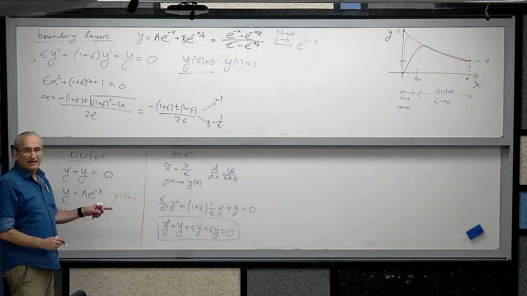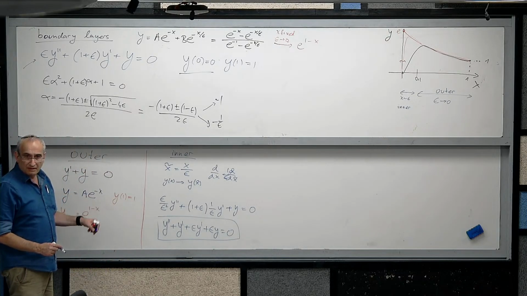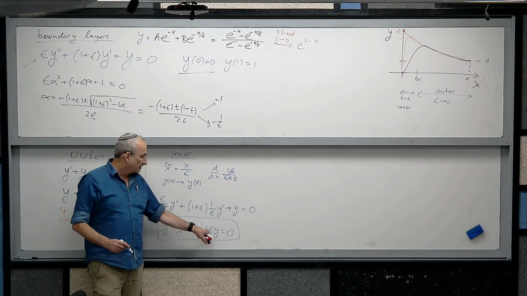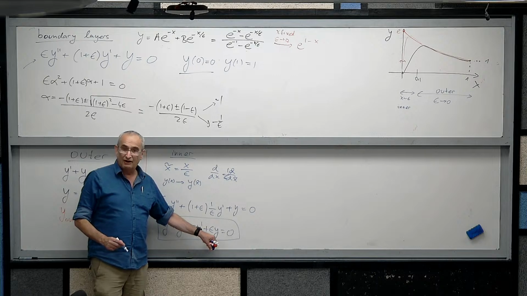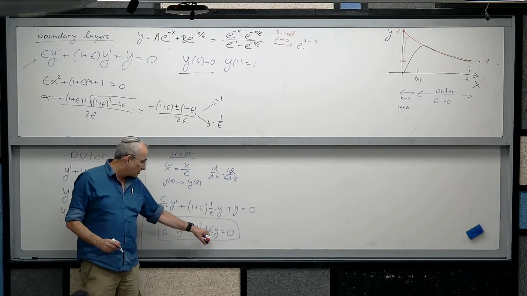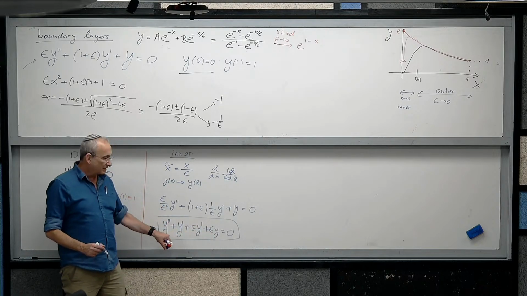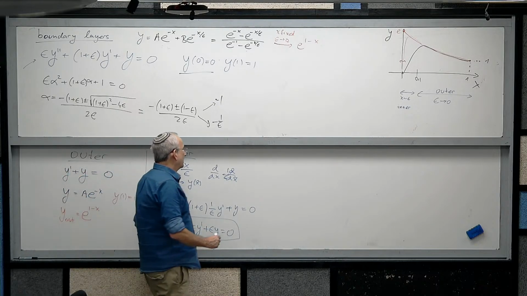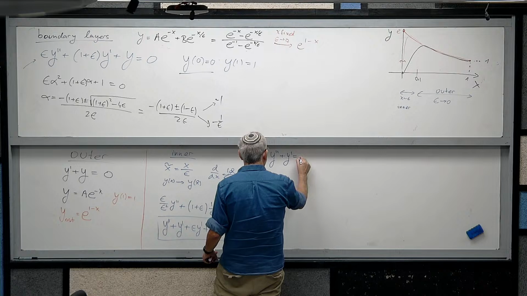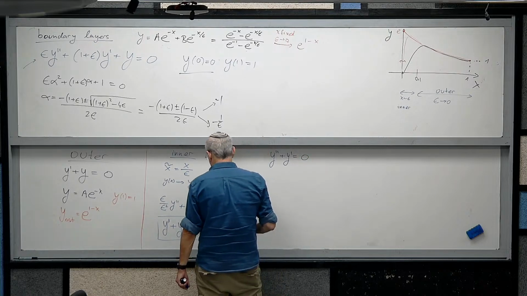This is the inner equation. And now I can take epsilon to 0, because now I have a regular perturbation theory in epsilon. I will find that in the inner solution I have the equation y double prime plus y prime equals 0.